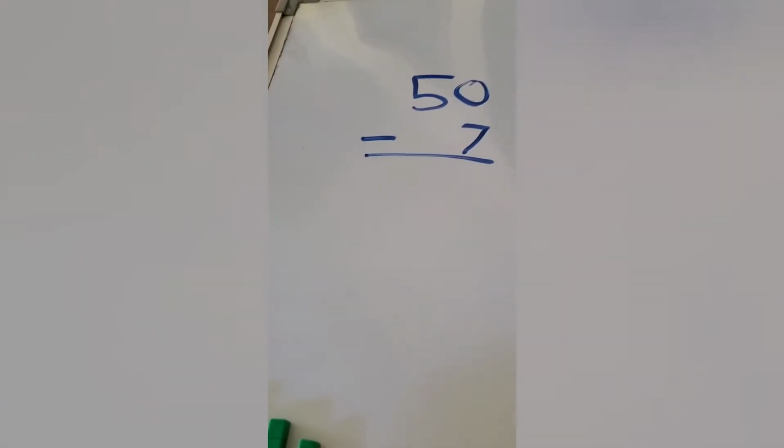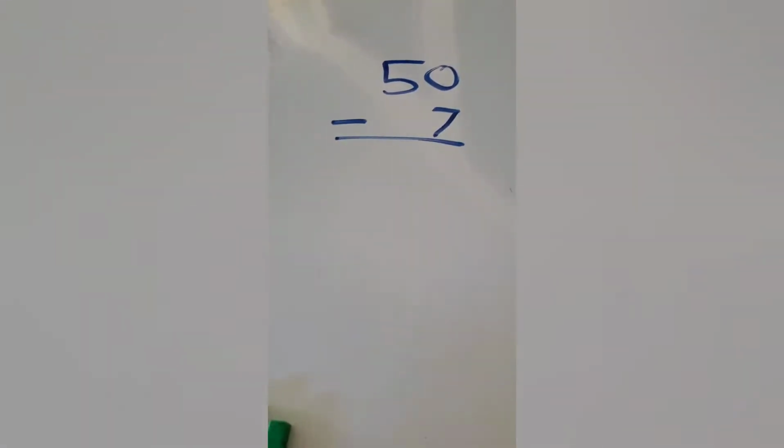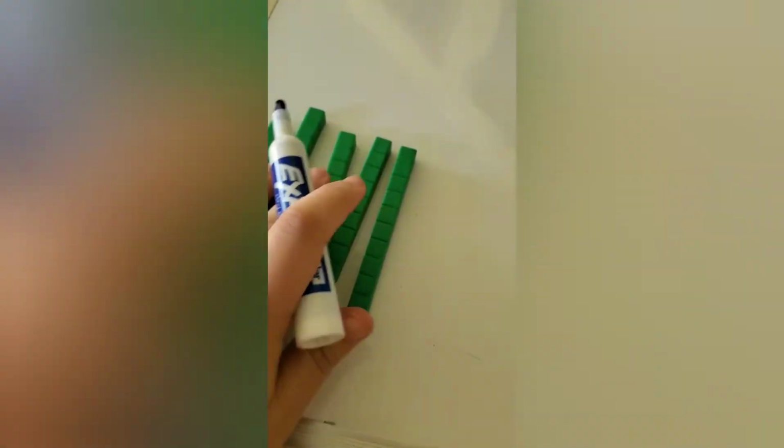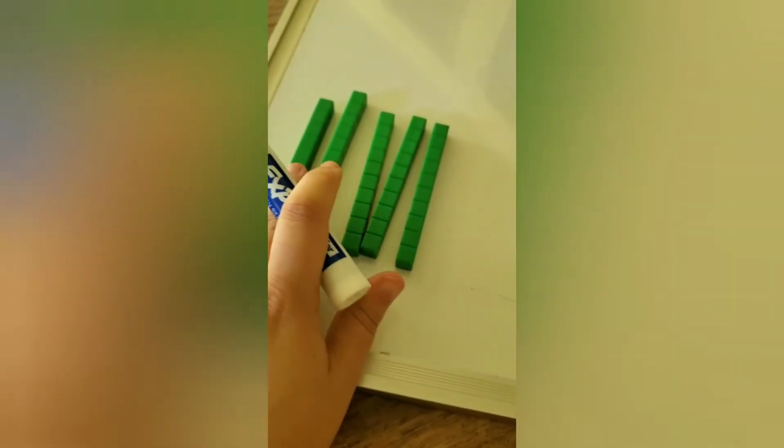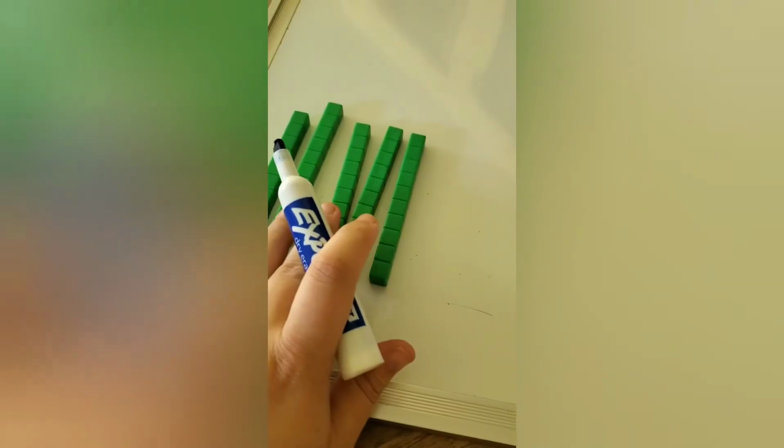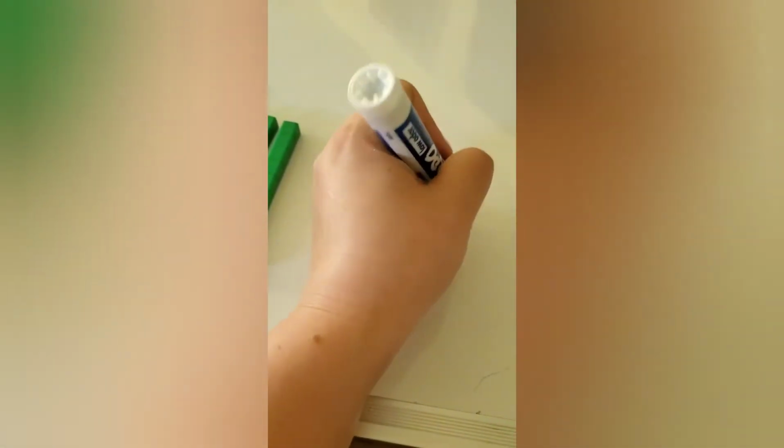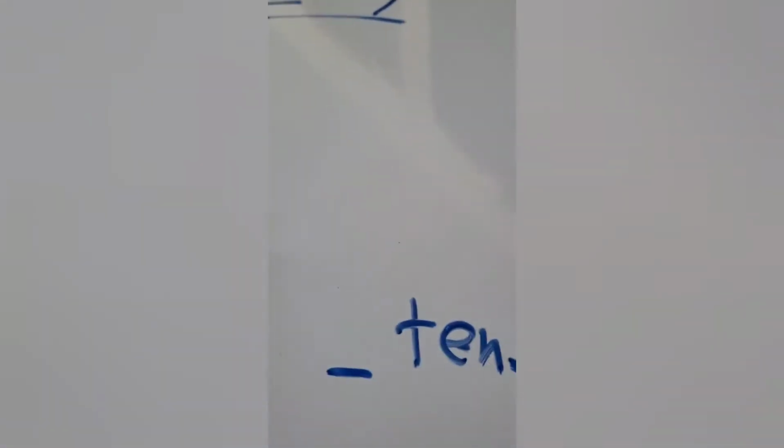I want you to subtract these two numbers, and then also down here you're going to regroup 50, all right, with tens and ones, okay? So do that right now. Pause this video and subtract 50 take away 7, just like I was doing.